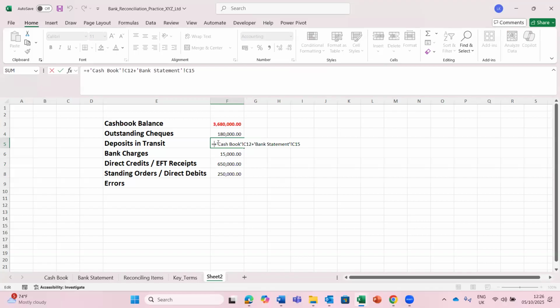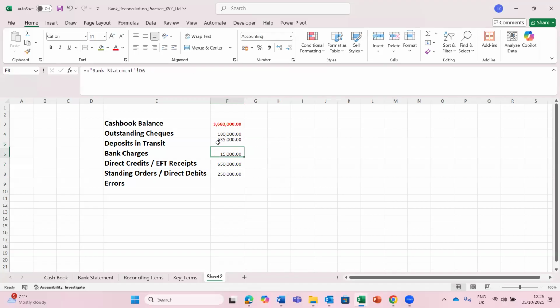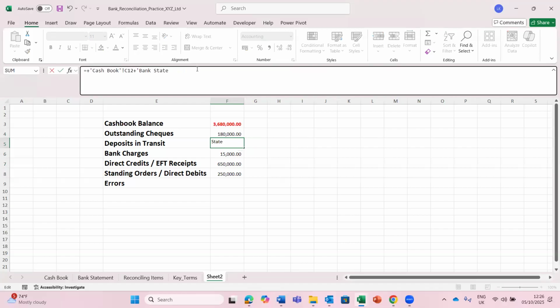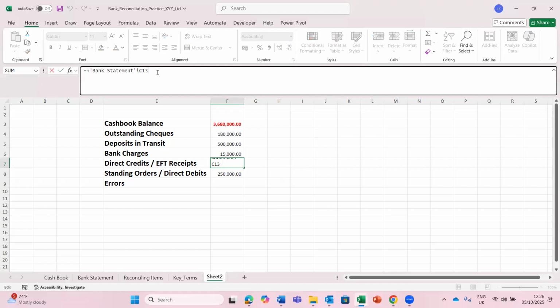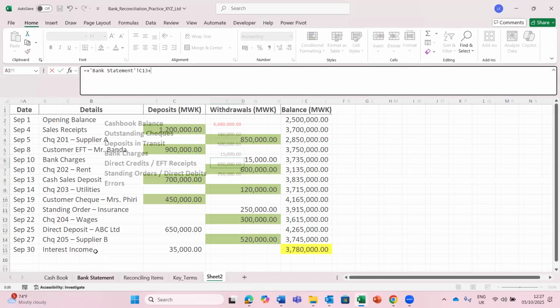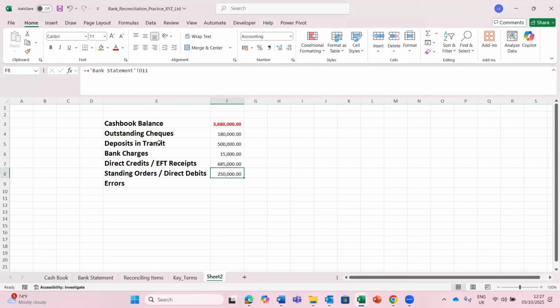Just a minute. Sorry, on the deposits in transit, I made a mistake. It has to be one, not from the bank statement. And then the direct credits, that one we add the interest received. Okay, we add that one. Right. So on the deposits in transit, that one we already added here. So we subtract.